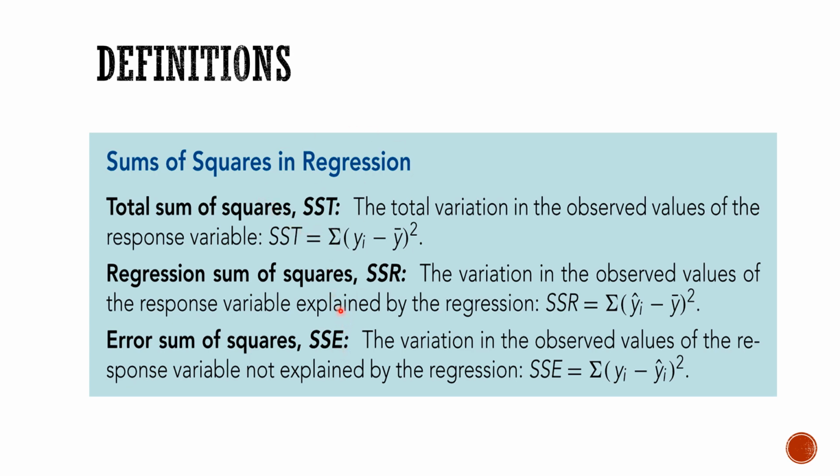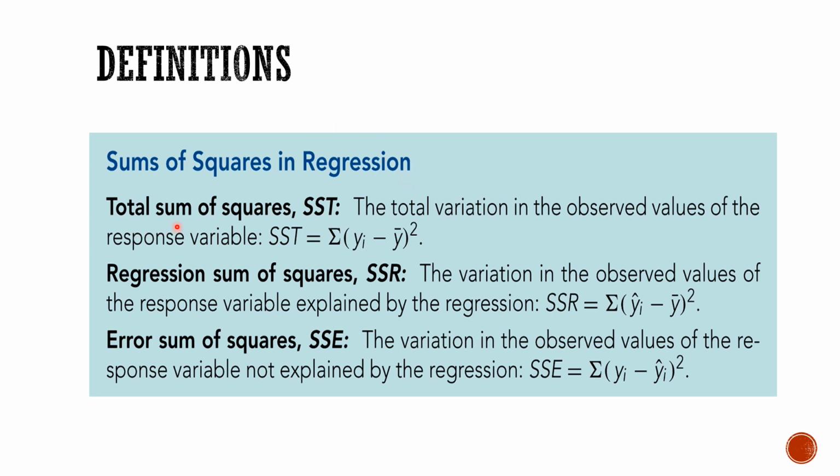Some of these quantities will seem familiar to you because we used these quantities when we were doing the ANOVA testing, right? So let's look at how these sums of squares apply to regression.